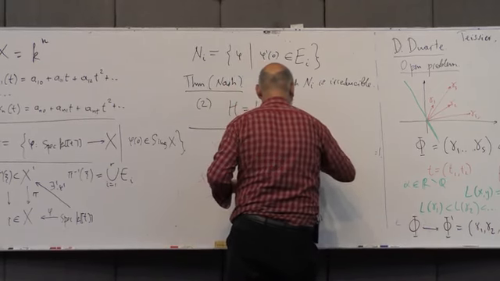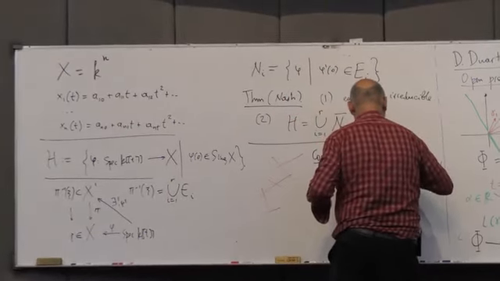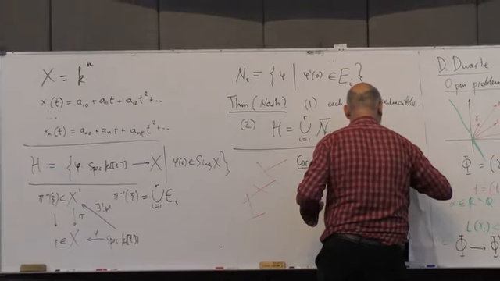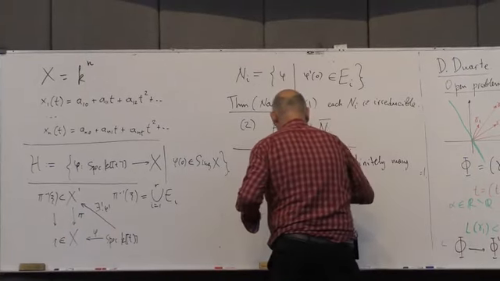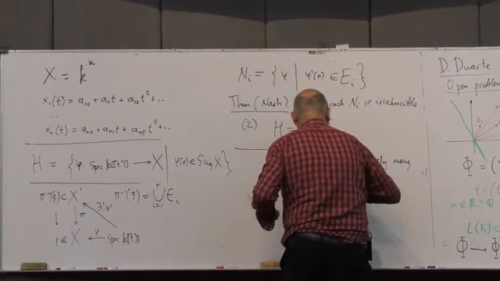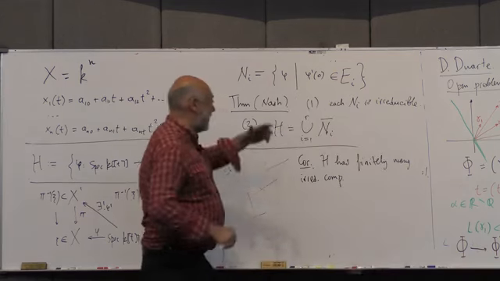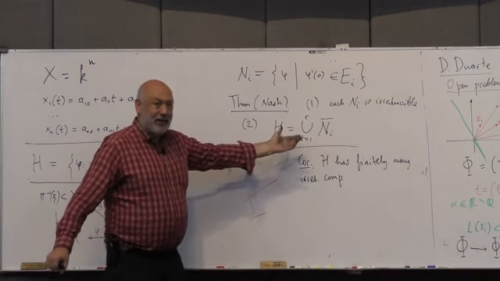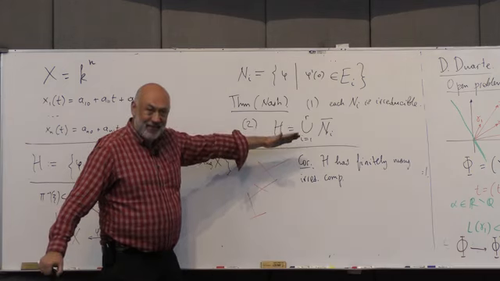Now it's immediately obvious from this that, as a corollary, H has finitely many irreducible components. Why? Because the irreducible components are among these. But they don't have to be exactly these. It may be a subset.